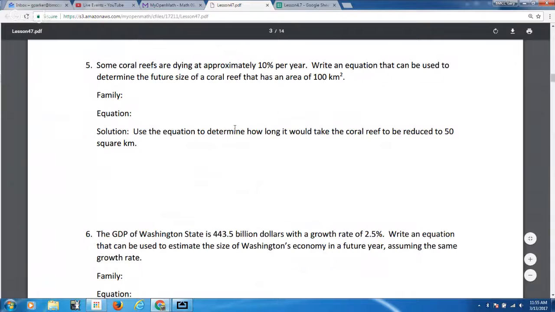So for example, the area of a circle is pi times the radius squared. The area of a square is just whatever the side length is squared. So here I have the square of a variable, gives me some other result, that's called quadratic. So anytime we have a square involved, it's quadratic.